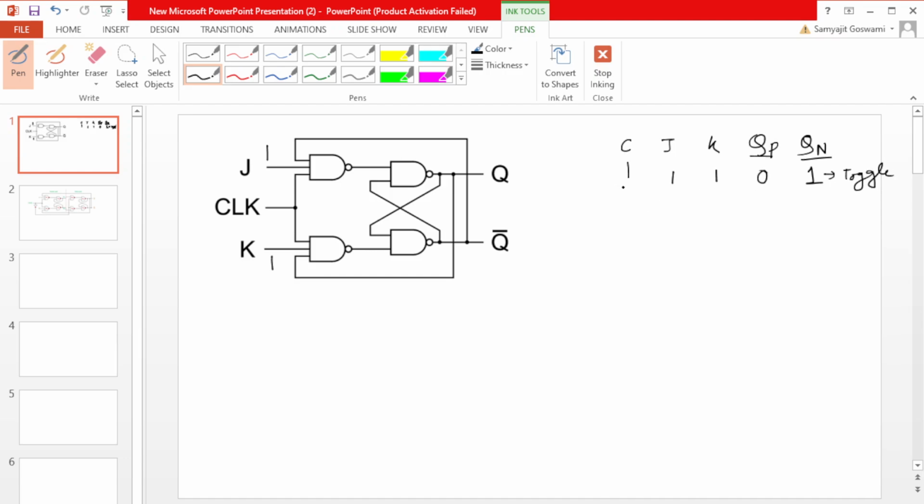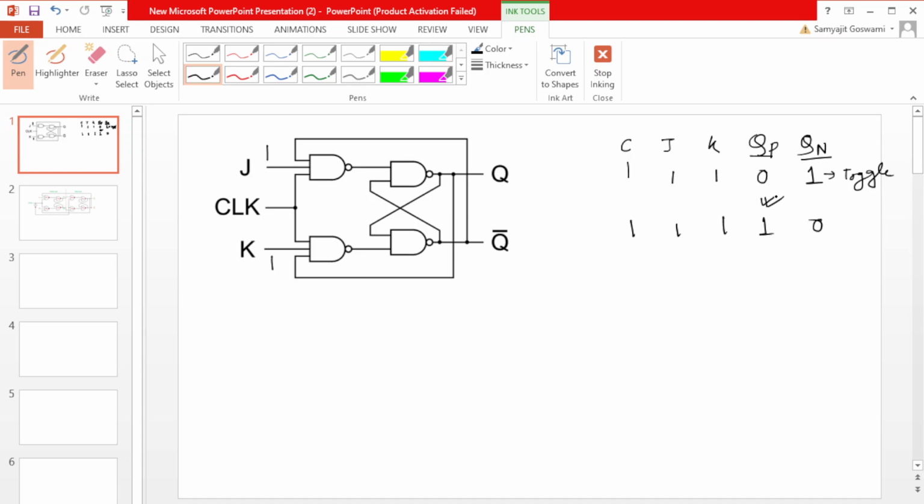That means if clock is 1, and J and K both are 1, then the previous output will toggle. If the previous Q is 0, then with clock 1 and J and K at 1, it will become 1. And if Q n is the previous 1, then after again applying 1 and 1, it will be 0.